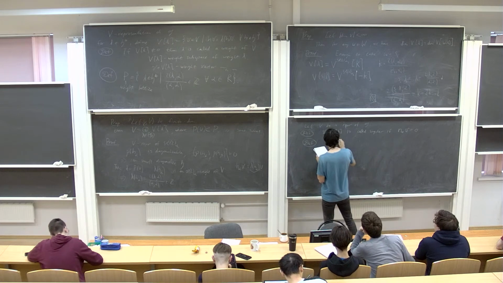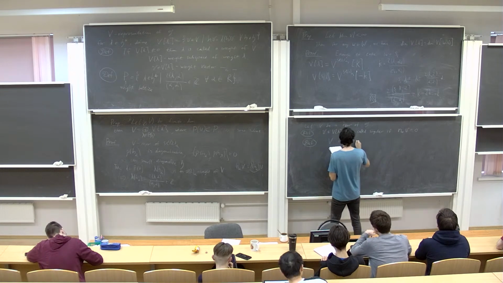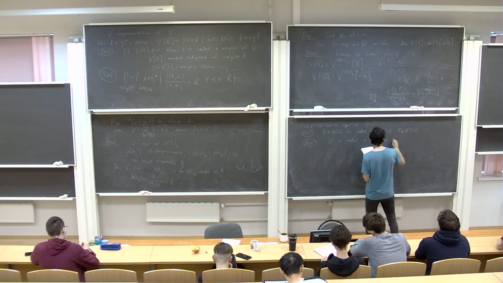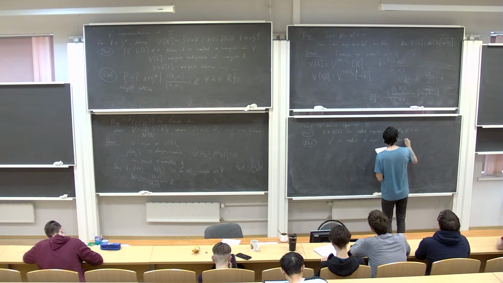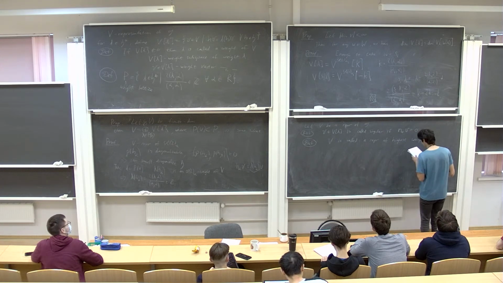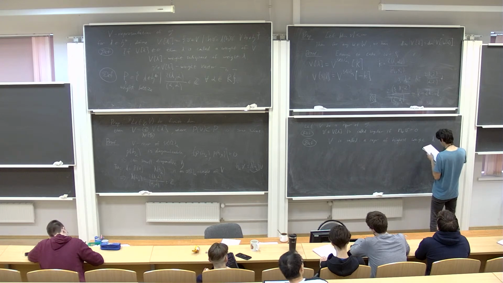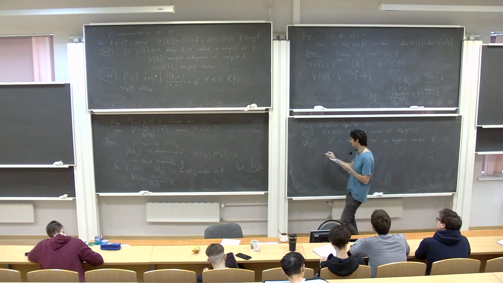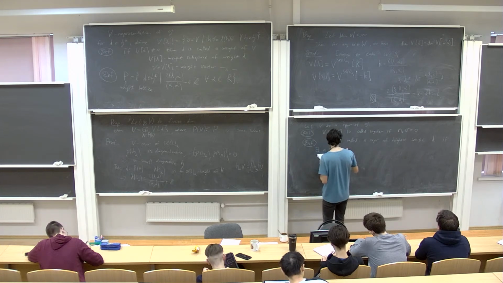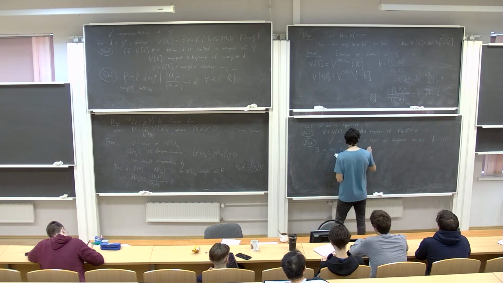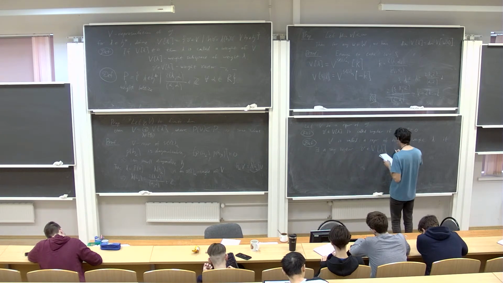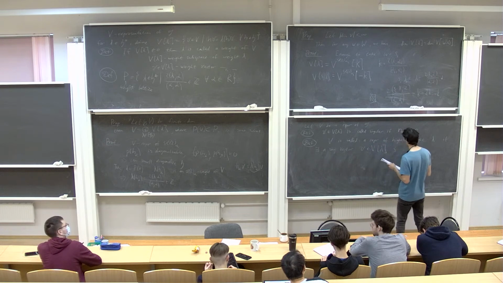So V is called a representation of highest weight lambda if there exists a singular vector V of weight lambda which is generating vector.